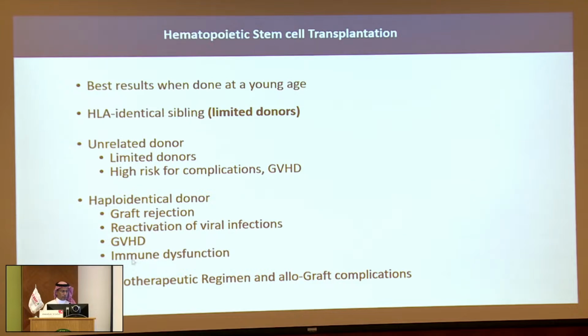And more seriously, there is the immune dysfunction that stays with the patient for a long time, manifesting as GVHD, autoimmune phenomena, or repeated infection, and even lymphoproliferative disorders can happen from this sort of transplant. Thus, the chemotherapeutic toxic effect is well known, especially if you're using myeloablative conditioning, and because the transplant is allogeneic, you have all sorts of complications related to the graft itself.